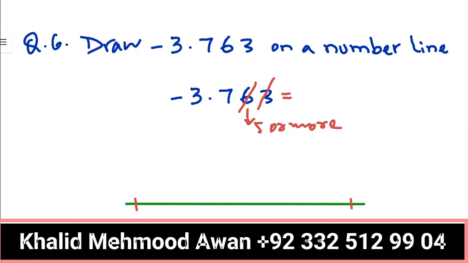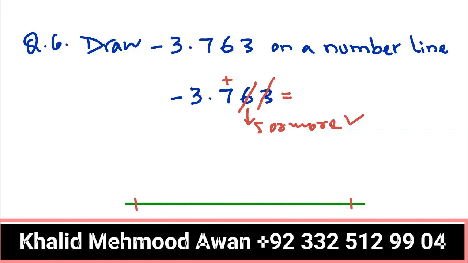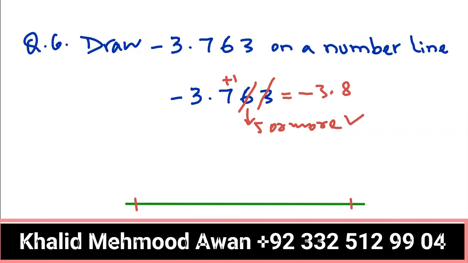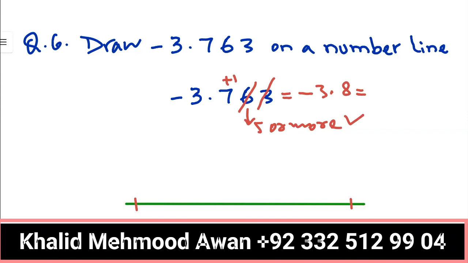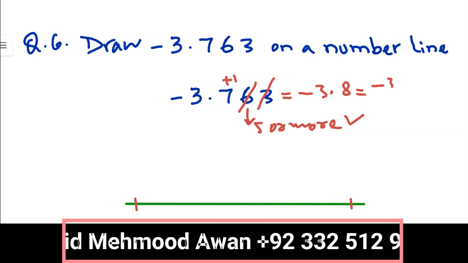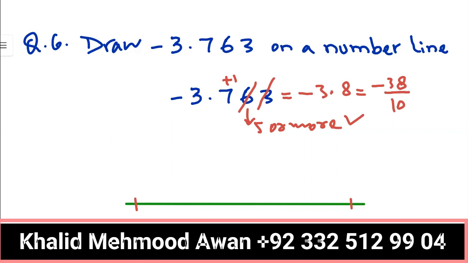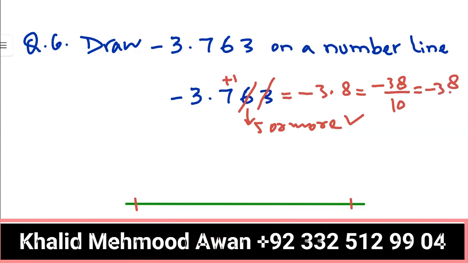If it is five or more, we add one to the previous digit. So this becomes negative 3.8. And we have done earlier that negative 3.8 is converted into negative 38 by 10. This is an improper fraction, so we write it as negative 3 whole 8 by 10.